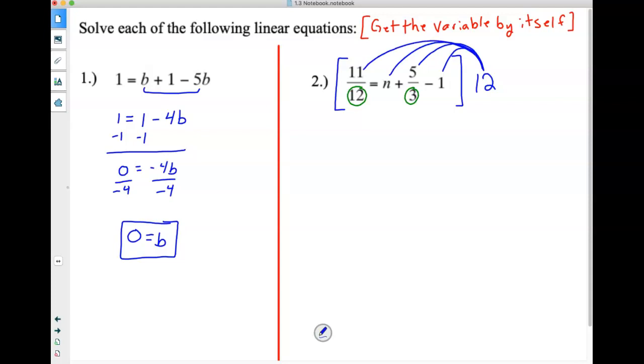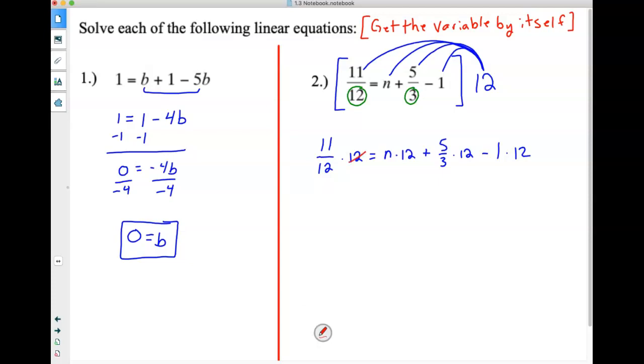And the next step I'm going to show you, I'm probably never going to do again. But what that means is I have 11 over 12 times 12 equals n times 12 plus 5 over 3 times 12 minus 1 times 12, okay? This would all be mental math typically.